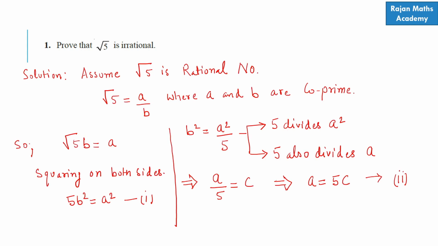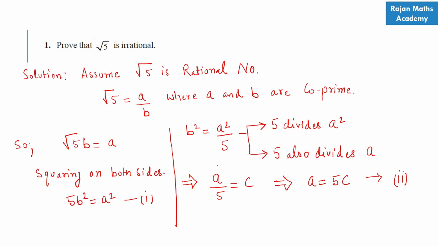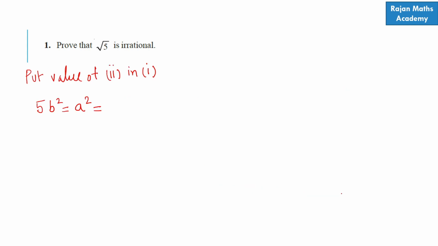So the first equation is 5b square is equal to a square. Put the value of a here. A is 5c. So 5b square is equal to 25c square.